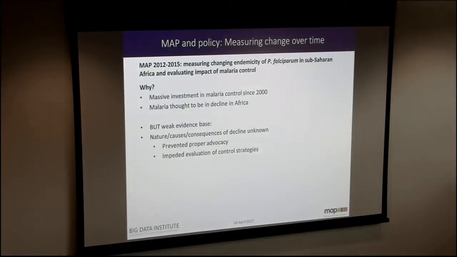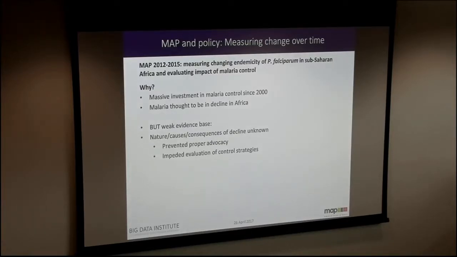Moving on from 2012, we expanded our work to be even more policy oriented and wanted to measure the change in endemicity of Plasmodium falciparum in sub-Saharan Africa in order to evaluate the impact of control. The reason why there was a need for this is that around the turn of the century, with goals being established such as the Millennium Development Goals, there was a huge, massive investment in malaria control.